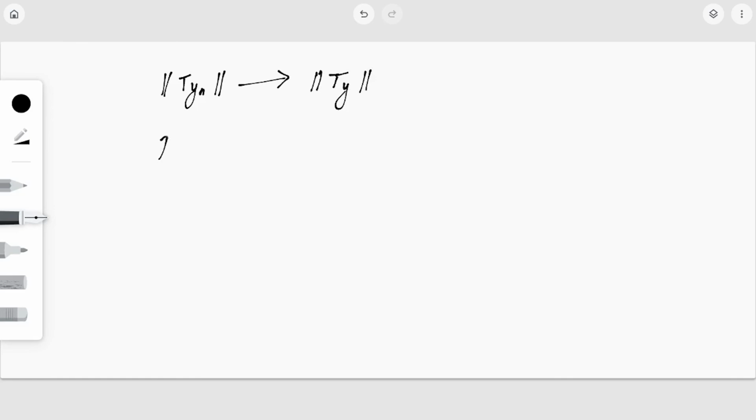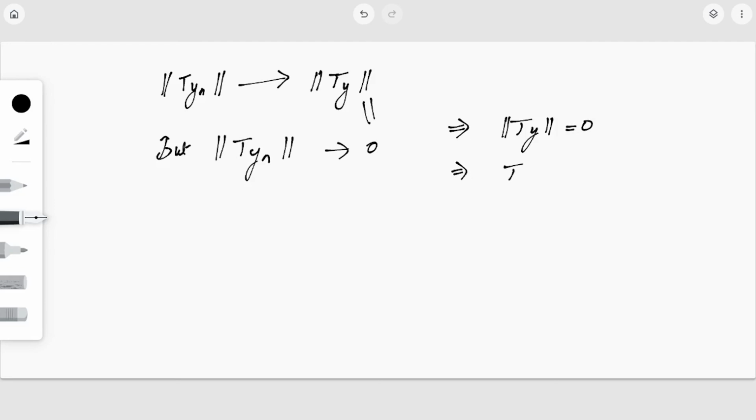But we have just now seen that norm of T of yn is actually tending to 0. So these two should be equal. So this implies norm of T of y is equal to 0, which implies T of y will be equal to 0, and hence y is again an element of the kernel of T. Y is an element of kernel of T.